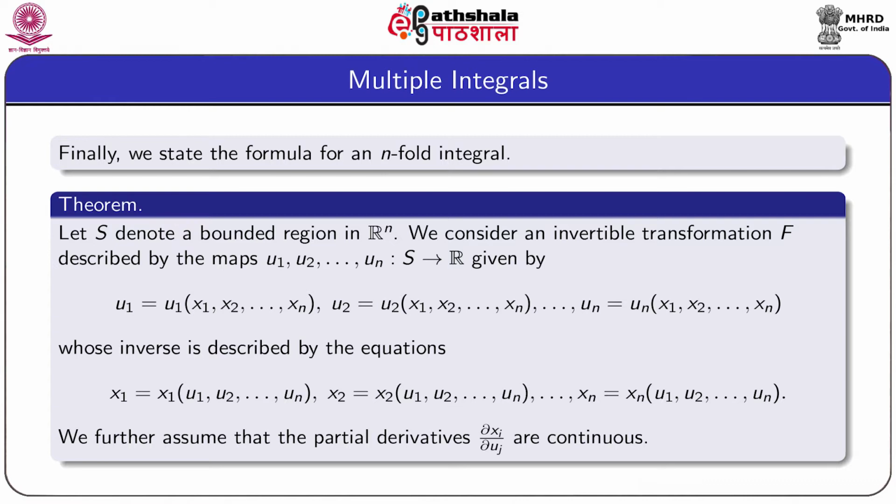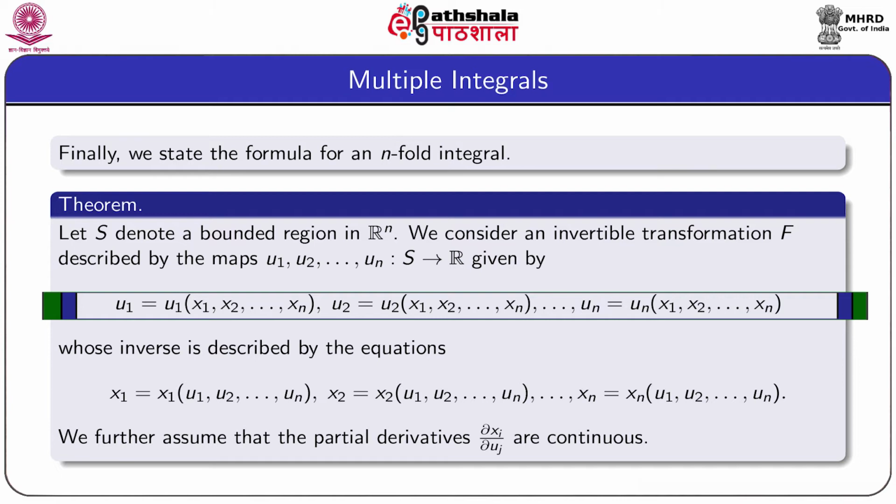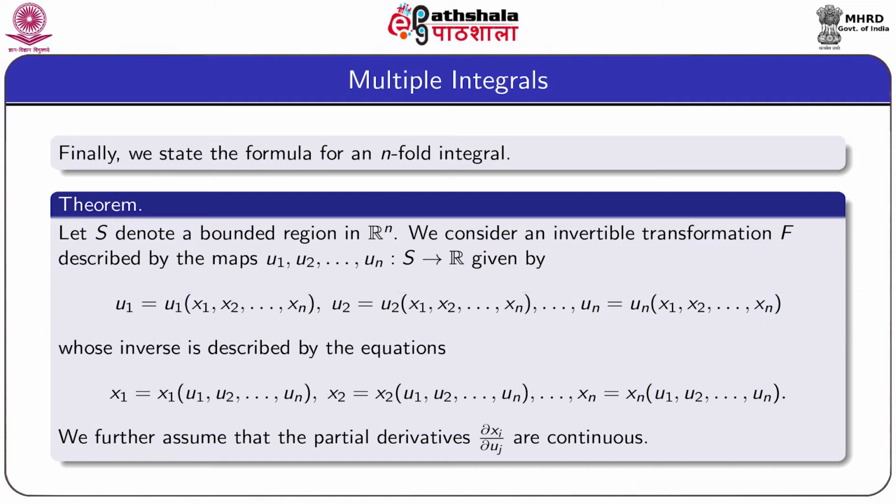Finally, we state the formula for an n-fold integral. Theorem: let S denote a bounded region in Rn. We consider an invertible transformation F described by the maps u1, u2, ..., un from S to Rn given by u1 equal to u1(x1, x2, ..., xn), u2 equal to u2(x1, x2, ..., xn), and similarly going up to un, whose inverse map is described by the equations x1 equal to x1(u1, u2, ..., un) and so on.